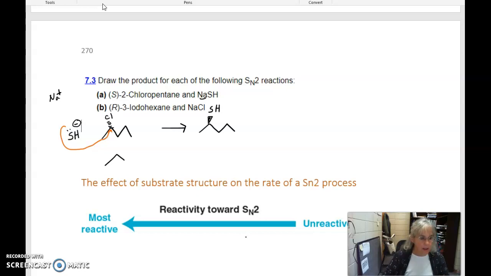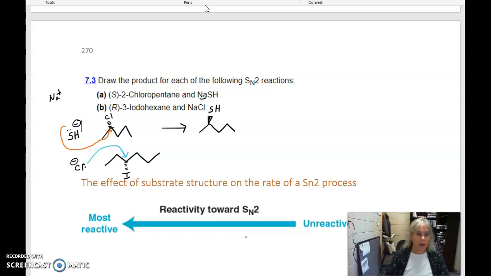Okay, we could do the same thing with the iodohexane. Draw me a hexane here. And it's 3, so 1, 2, 3. And we've got iodine. It's going to be attacked by a chloride. That's our nucleophile. And the nucleophile is going to come right in like this and attack this carbon right here, because it's just a little bit positive. We've got a dipole going on here.